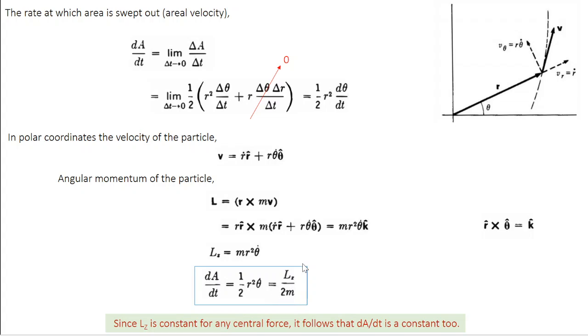And look at this expression. m is a constant, and in the case of motion in a central force field, we have shown that angular momentum Lz is a constant. So since we have all constants on the right hand side, it follows that dA by dt is a constant. So we have proven Kepler's second law, which he originally derived using empirical observation. Now we have proven this theorem using the principle of conservation of angular momentum.